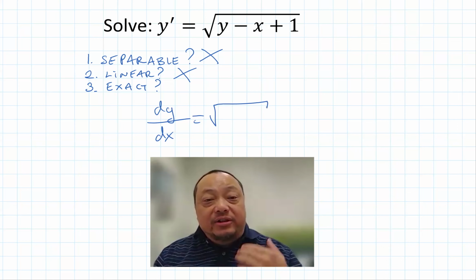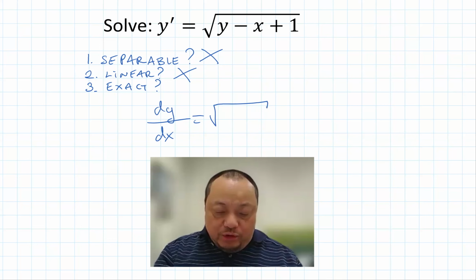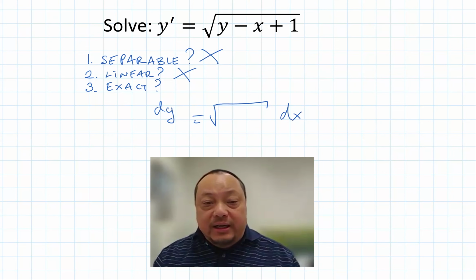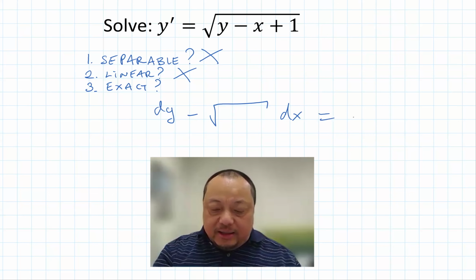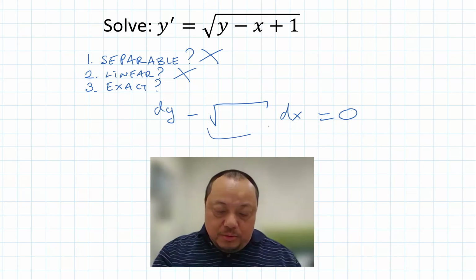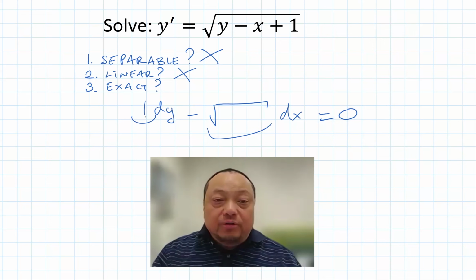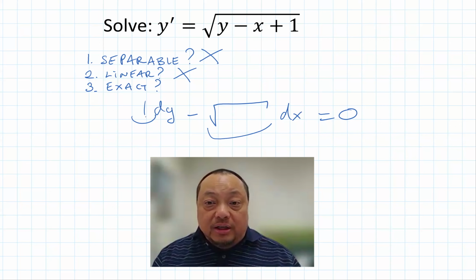Think of it as dy dx is equal to the square root, which you can then revise as dy is equal to square root times dx, and then you can move the dx to the other side like this. And now you look at whether or not the partial derivatives of these two coefficients are equal.